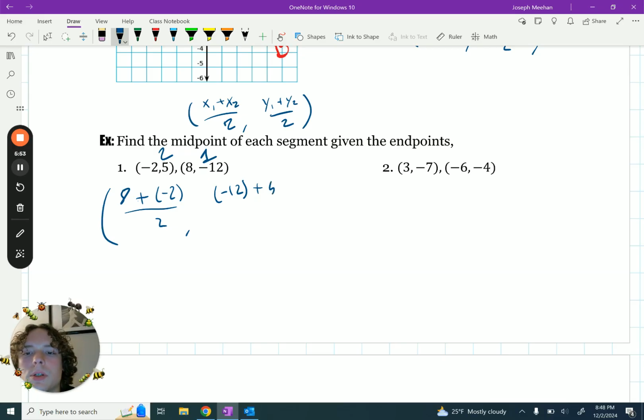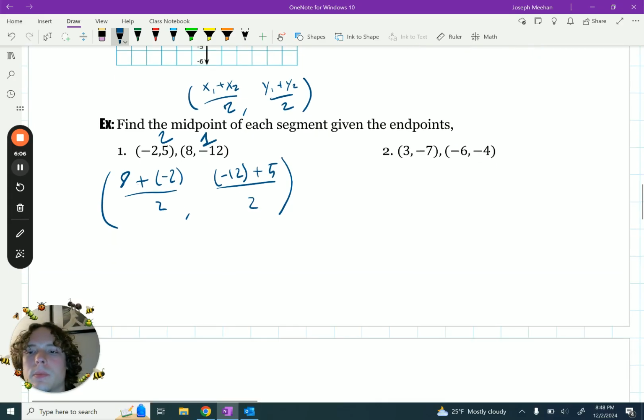Plus y2, which is 5, and divide by 2 like that. But again, even if I wrote 5 plus negative 12, the order doesn't matter. I would still get the same answer. So while I am being specific, the order really doesn't matter.